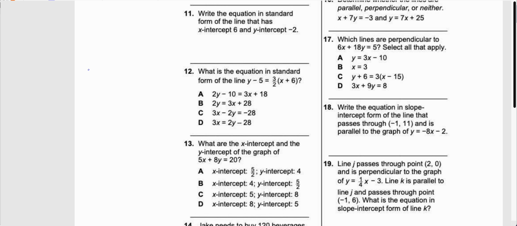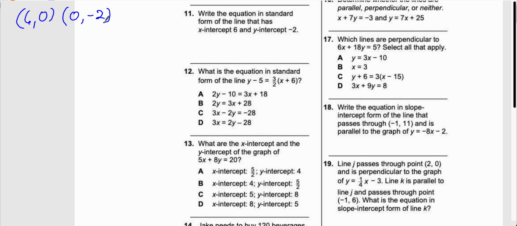So number 11, we know the two intercepts, which means we have two ordered pairs, right? An x-intercept would be (6, 0), and our y-intercept is (0, -2).